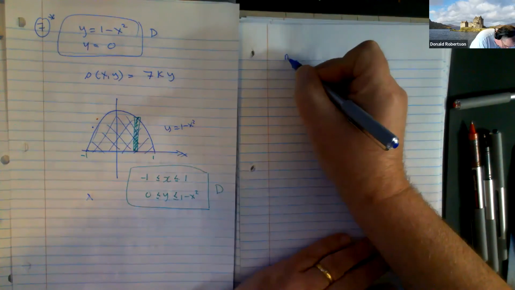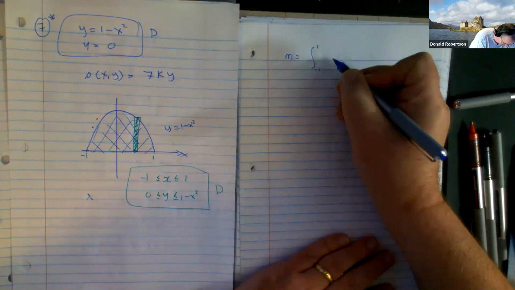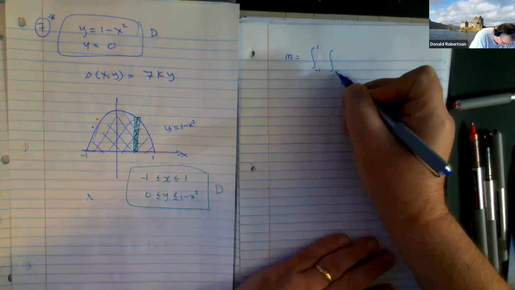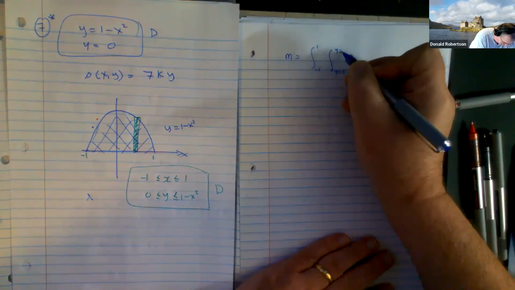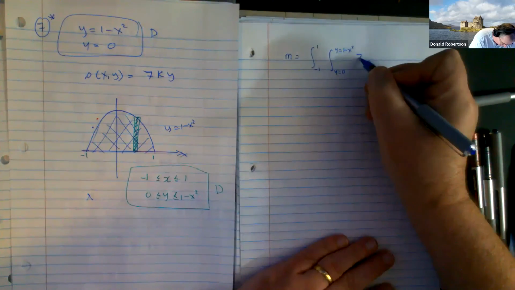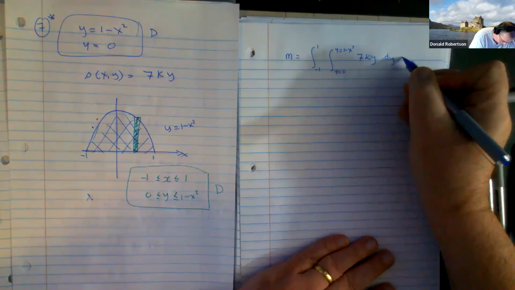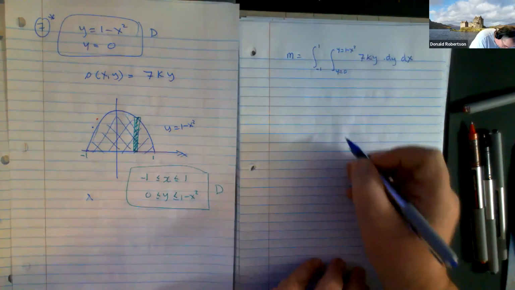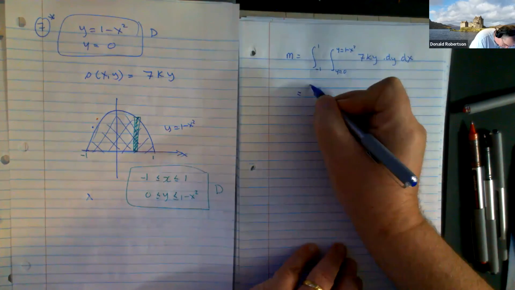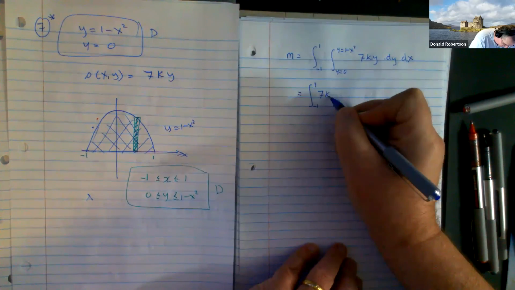So the mass is the integral from -1 to 1 for the x's, and from y equals 0 to the quadratic, of the density function. I'm doing a dy followed by a dx. So this is going to be -1 to 1, and I'm going to give those guys the x.